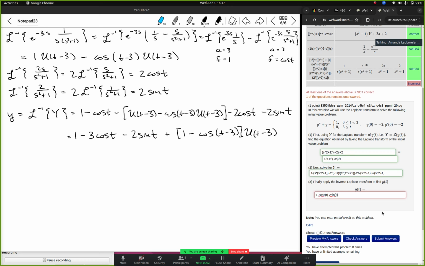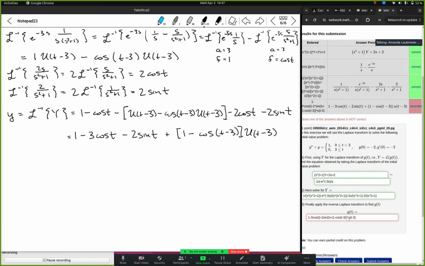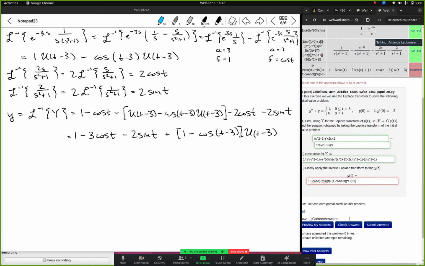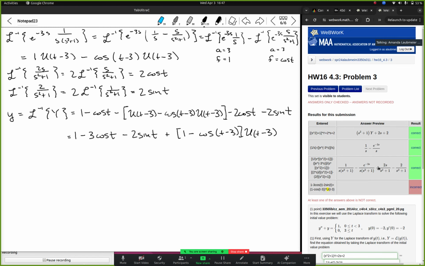Minus 2 sine t plus 1 minus cosine of t minus 3 times u of t minus 3. I hope it takes u. It didn't like that. Let's try capital U. It does not like that.